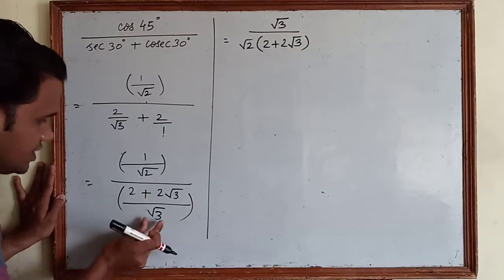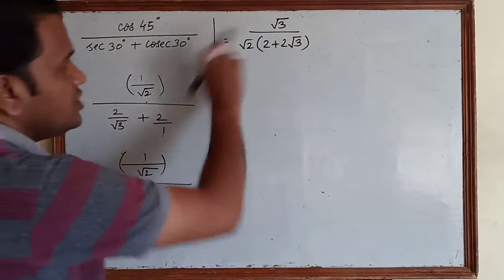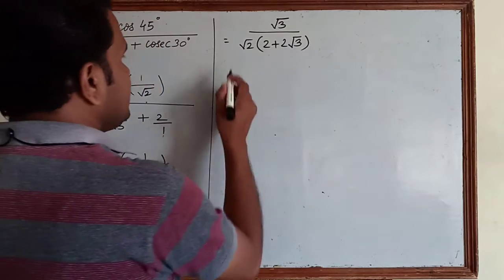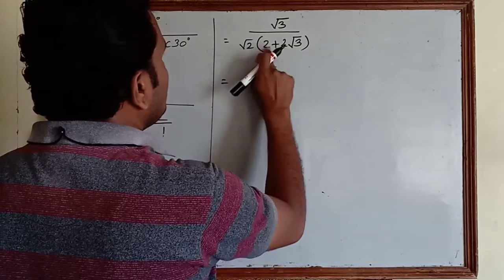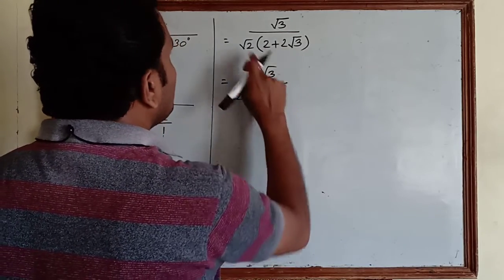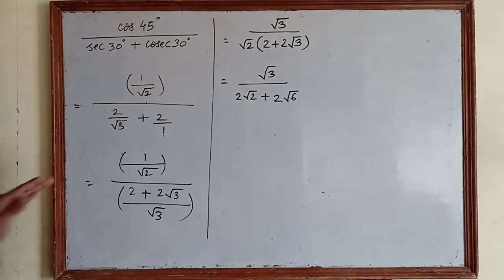This root 2 comes here, this root 3 goes to the numerator, and here it was 1, so 1 into root 3 becomes root 3 in this way. Now we will take a simple step here. Root 3 upon 2 into root 2, 2 root 2 plus 2 root 2 into root 3, root 6.